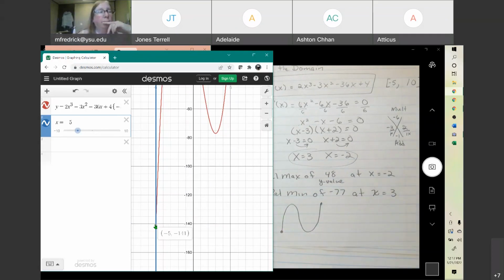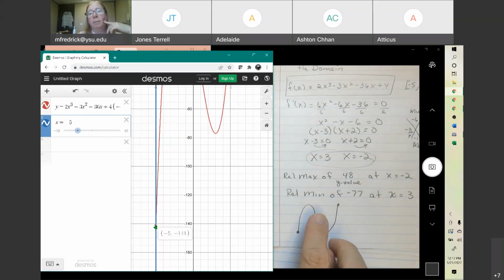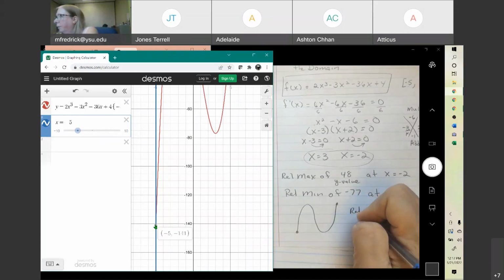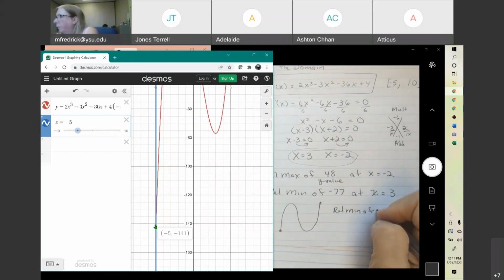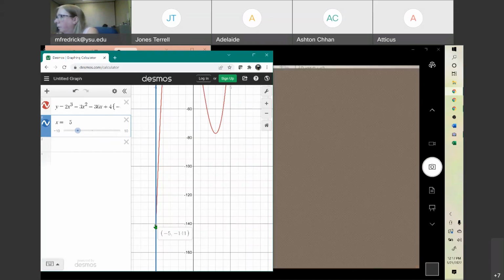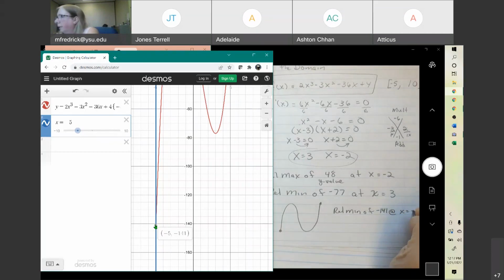Any questions on that? So a relative max or min can be your critical numbers or your endpoints. Any questions on that? So then on this one, there'd be a relative min of -141 at x equals -5.